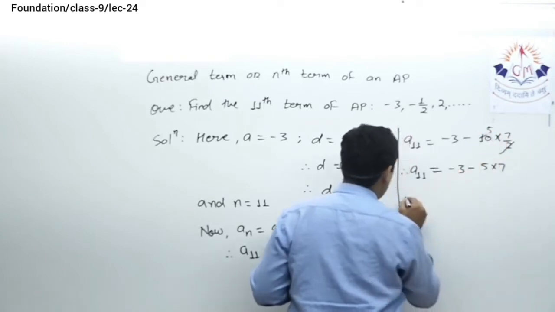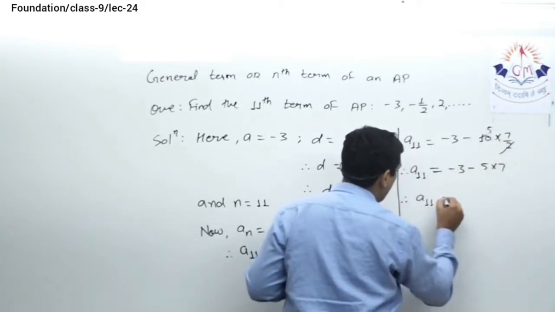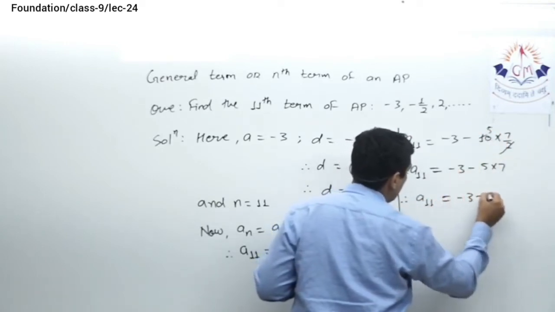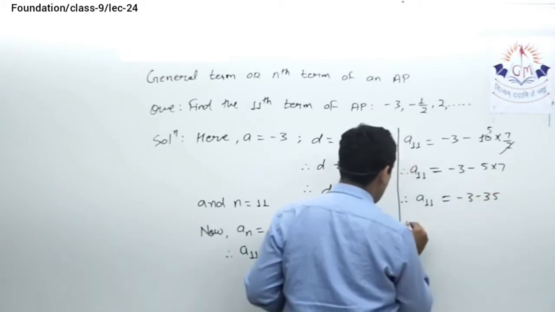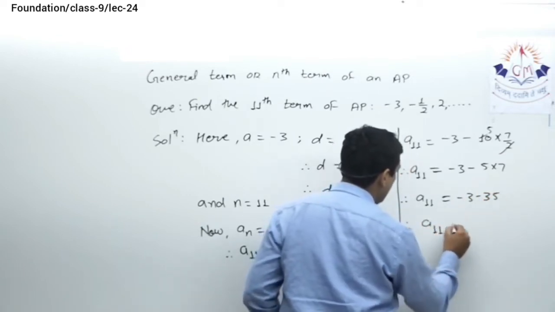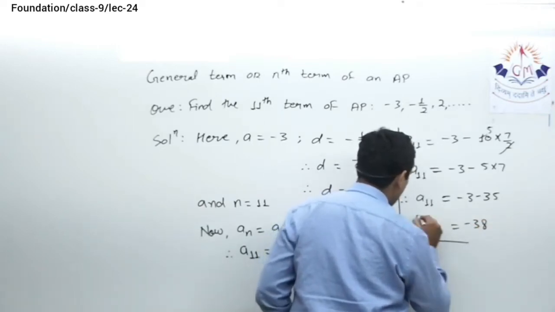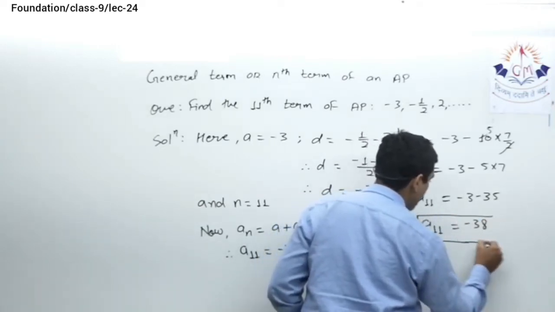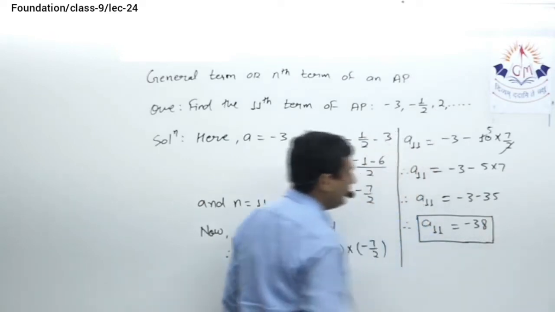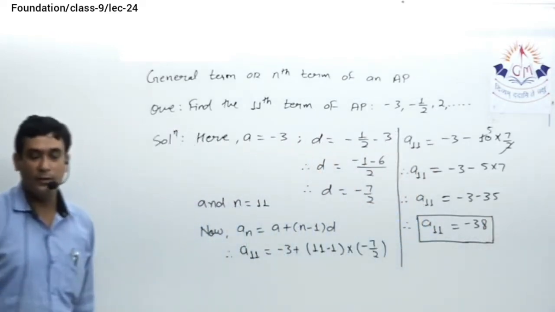So a11, the 11th term, is equal to minus 3 minus 35. Finally my answer is minus 38. This is the 11th term of the AP. Please note it down, then we'll see the next question.